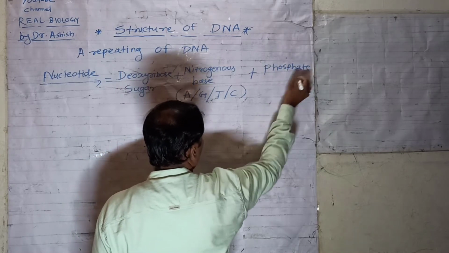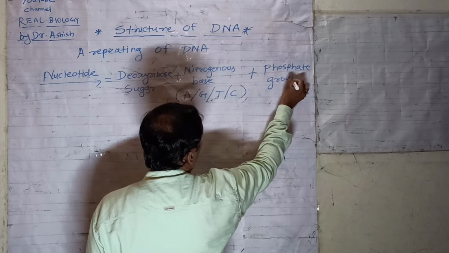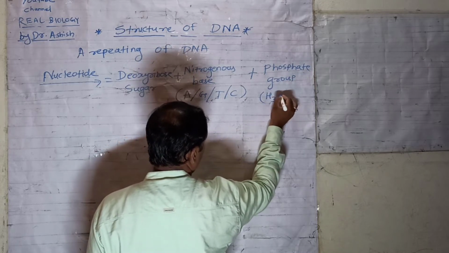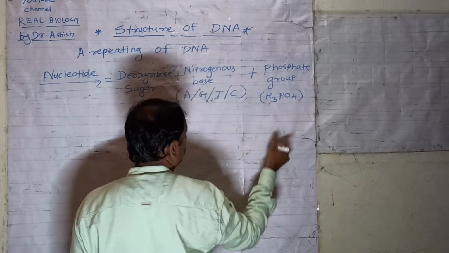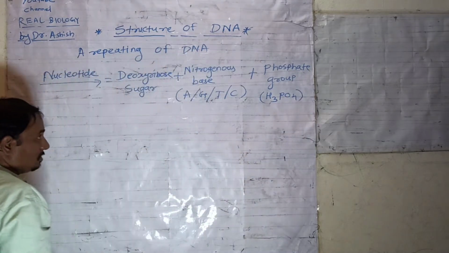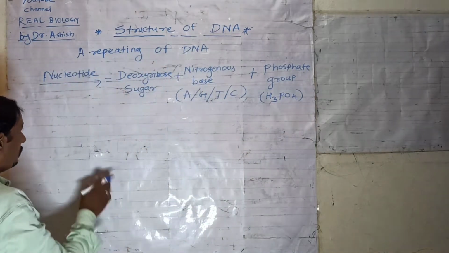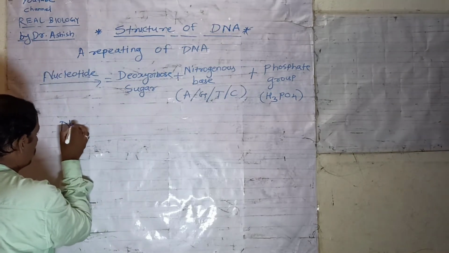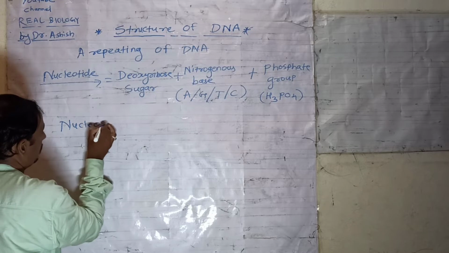The phosphate group is denoted as H3PO4. When a nucleotide lacks a phosphate group, it is known as a nucleoside.